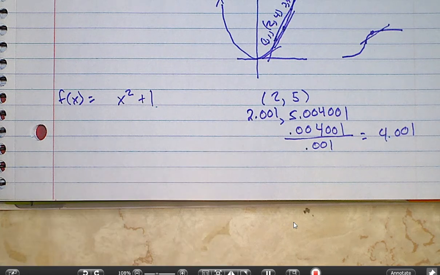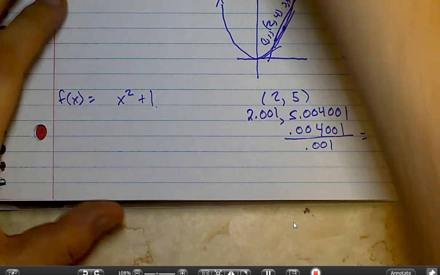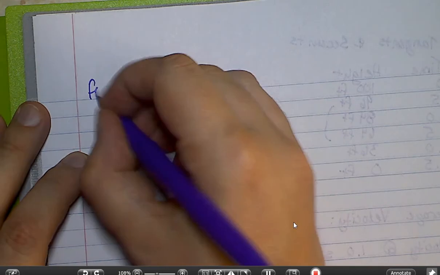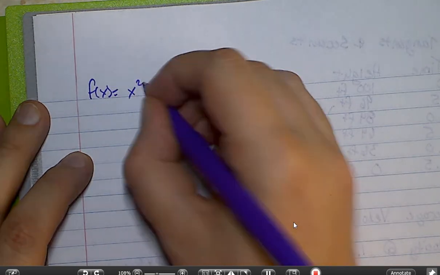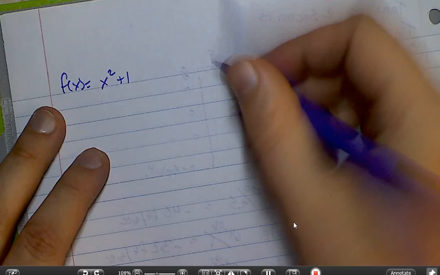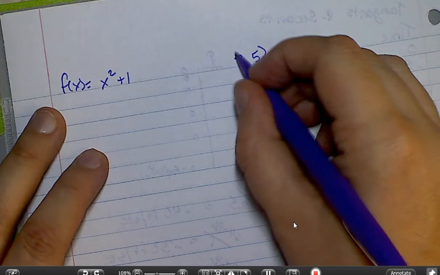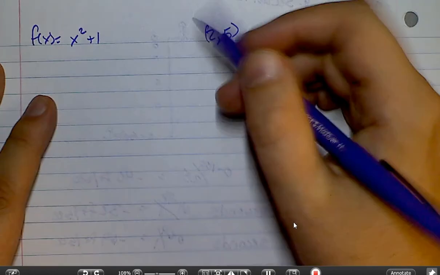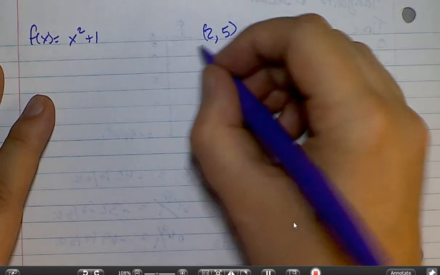Now the other thing that you'll have to do is, let's say that we have this same function here, f of x equals x squared plus 1, and I know that this goes through the point (2, 5). I want to find the slope between, or not the slope, the equation of a line tangent here, and then the other point is going to be 2 plus h.